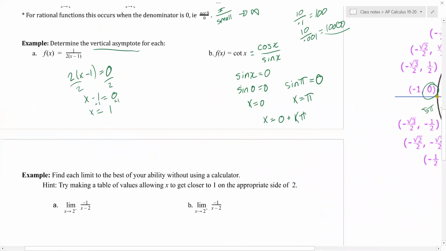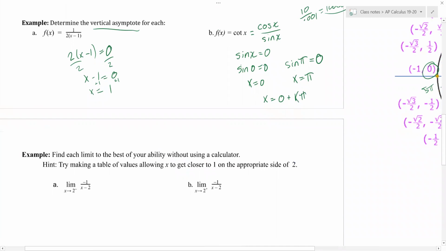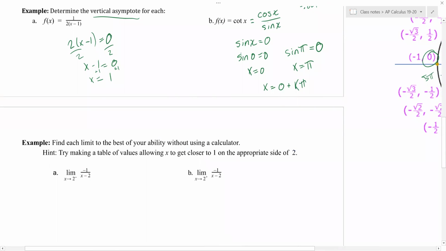Let's try one more example. Let's find the limit as x approaches 2 from the left of -1 divided by x minus 2. So if we're going from the left, first we should always try to plug in our value. If we plug in 2 in our denominator, we get -1 over 0.